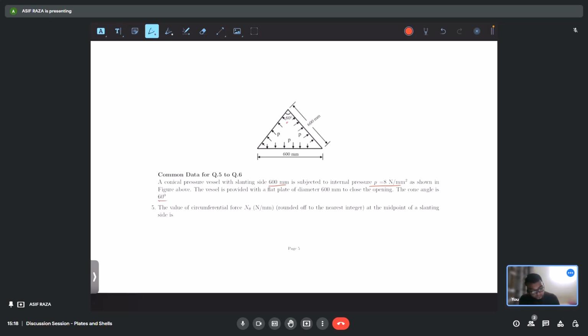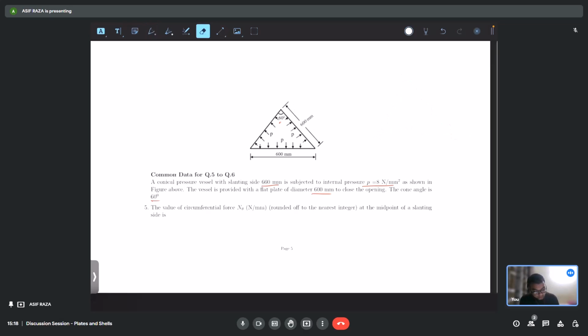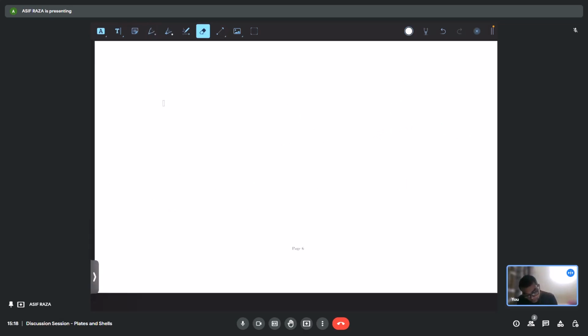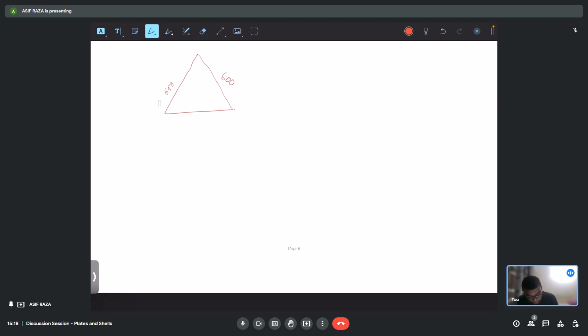So first of all, I'll just be given with this, right? So let me take this to the next page. So we are given with this as 600 mm, this as 600 mm, and this also as 600 mm.